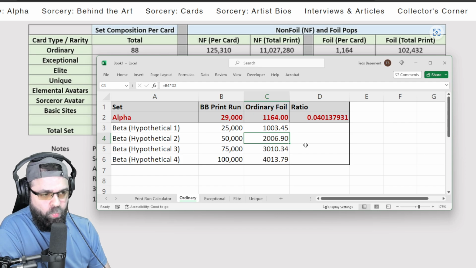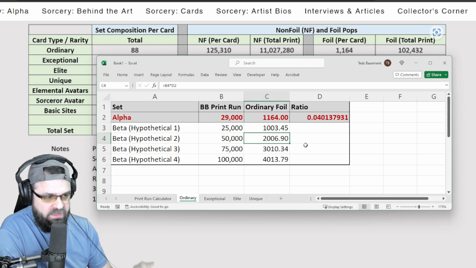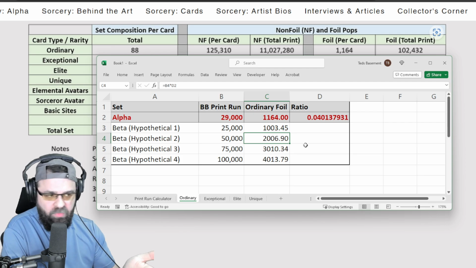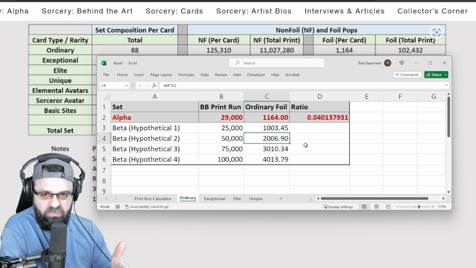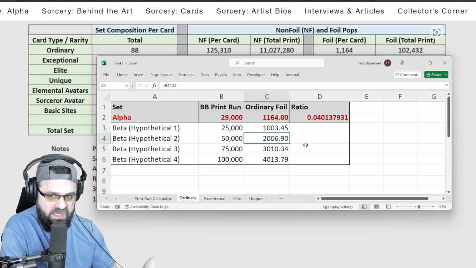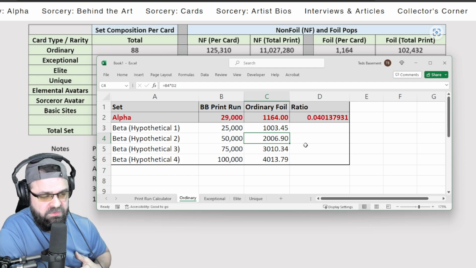So let's say that there were 20,000 fans. Then if everybody wanted one of the more popular ordinary foils, they all can't get it because there are 10 times more people in the fan base than there are actual ordinary foil cards.